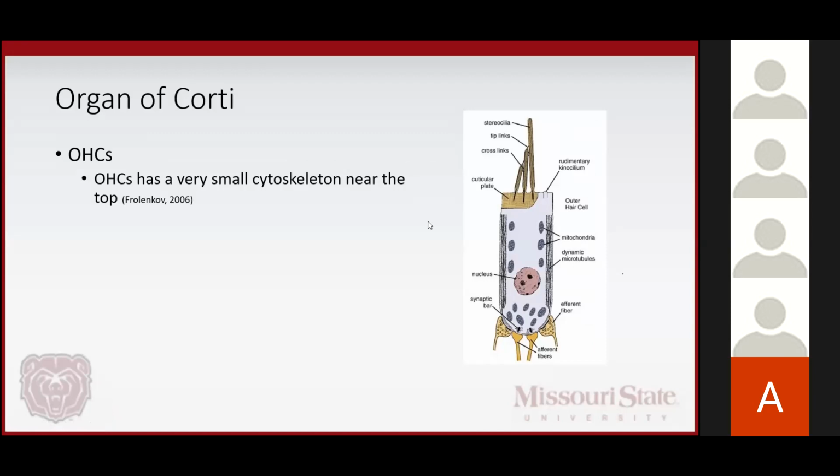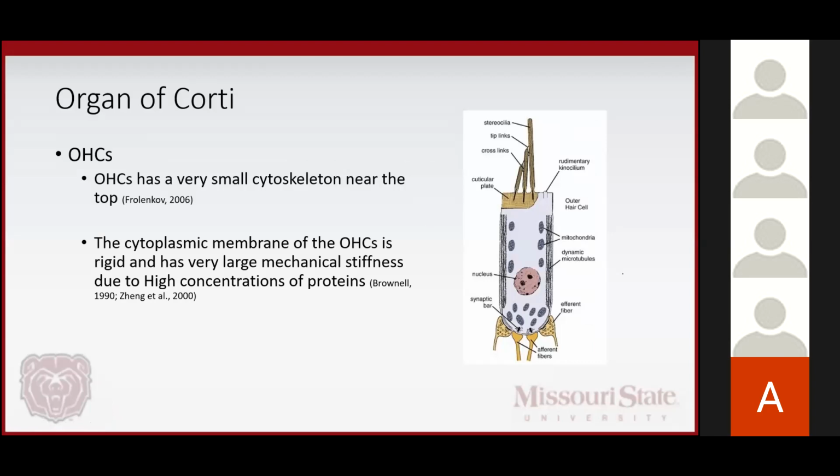Now, the cytoplasmic membrane of the outer hair cells also has its own characteristics. It has a high concentration of proteins, which makes it pretty rigid and stiff, which is important because, as we're going to see, those outer hair cells do their function through changing their length.